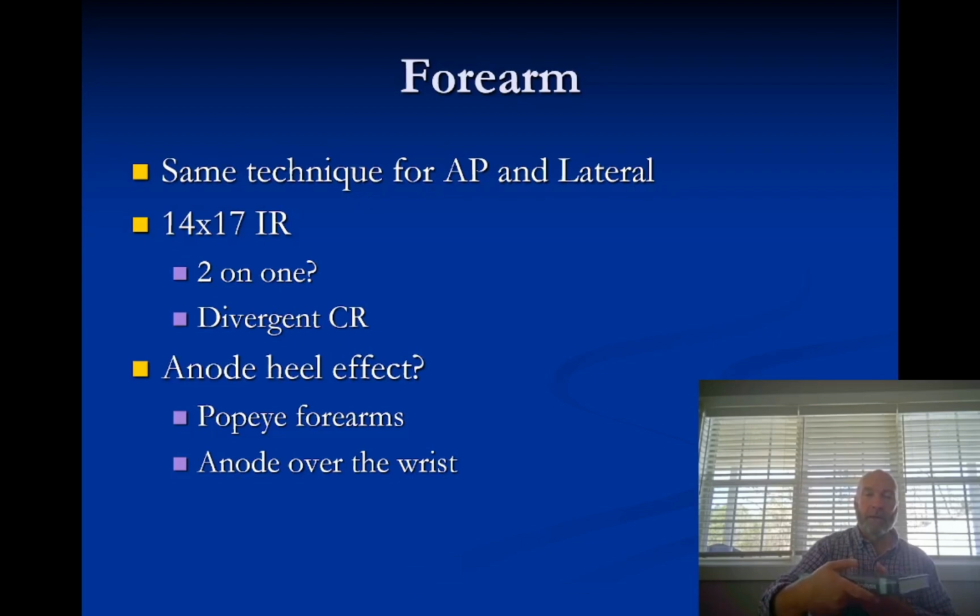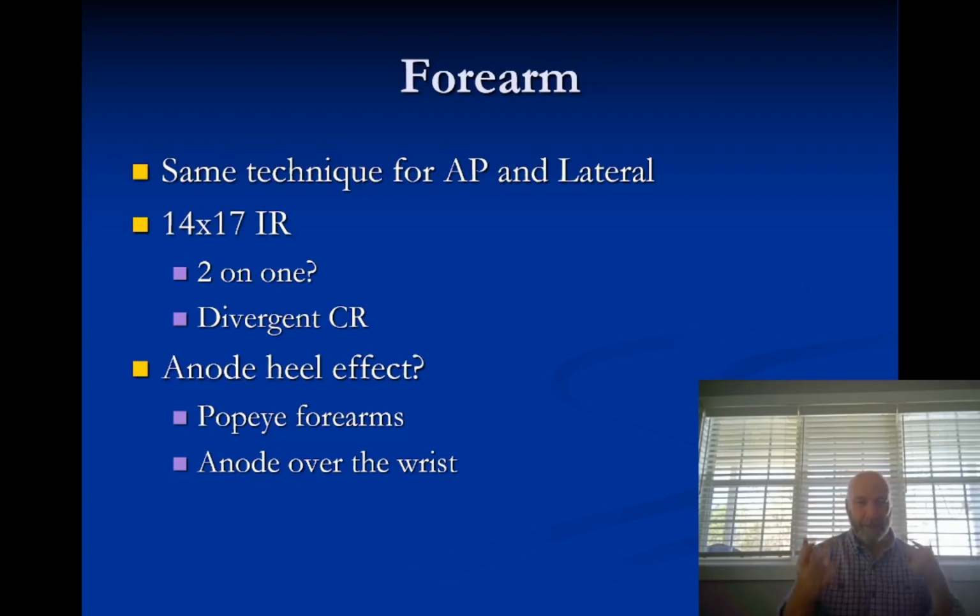So your only option then would be to shoot another one on a separate image. What you don't want to do is put the AP on one and then say, well, the patient can't reach far enough to get the lateral, so I'm going to turn the image receptor all the way around and do the lateral on the opposite end. I've seen radiologists just pitch a fit for having one projection going one way and the other projection going the opposite direction.